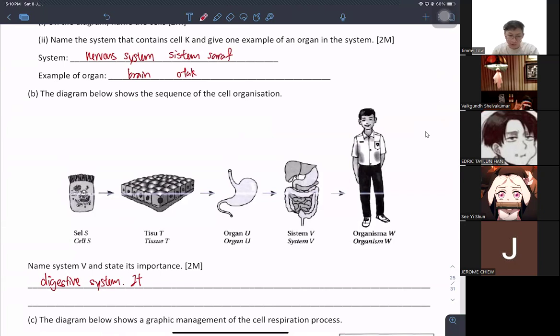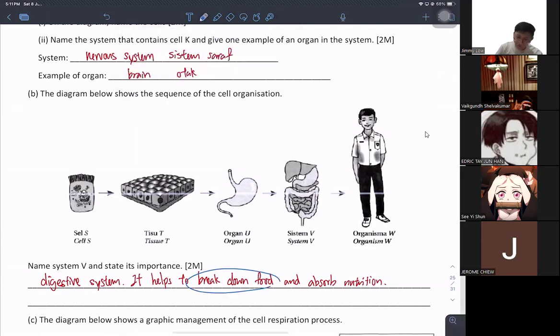So we write in detail: it helps to break down food, which means digesting the food, and absorb nutrition. Not just digesting the food, but also absorption of the nutrition. So you just write that inside. Don't just simply write digestive system used to digest. Full stop. It doesn't really explain anything.